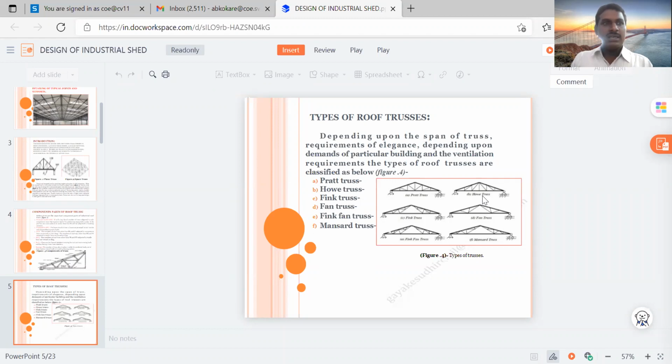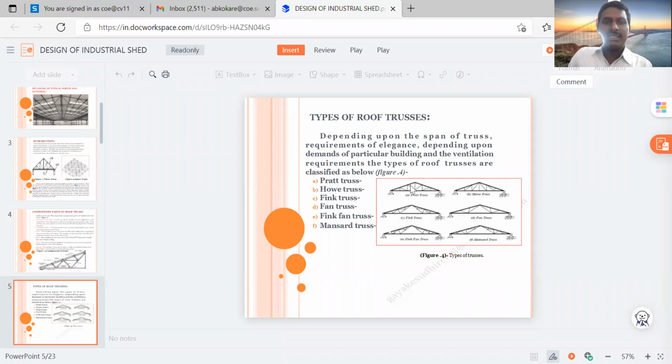For any room or any building, there are two main dimensions in the plan, x direction and y direction, meaning width and length. So for the width we are providing the truss. Depending upon the span of truss, we are providing a particular type of truss.